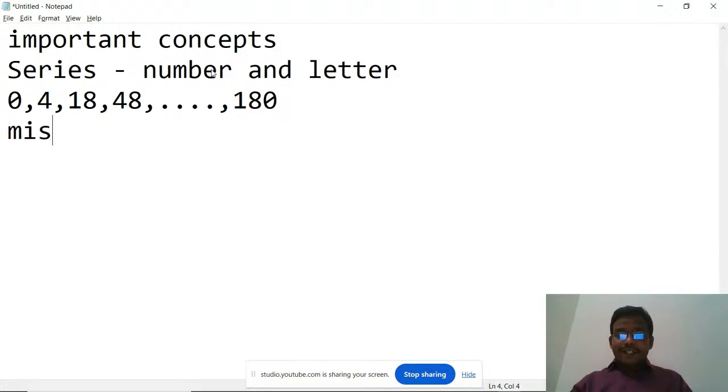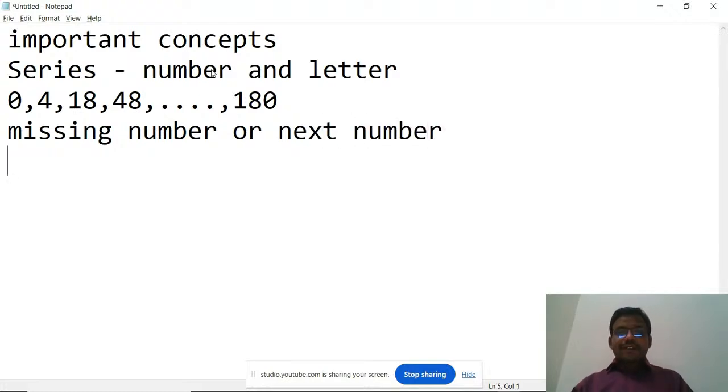To find the missing number or the next number, we have to understand what type of series it is.